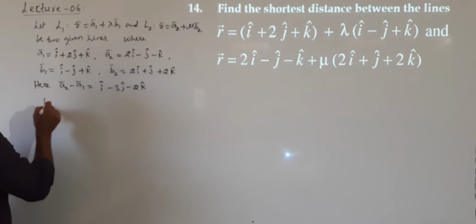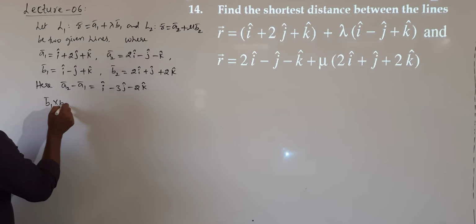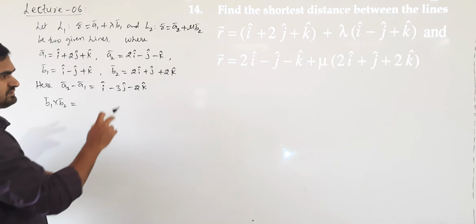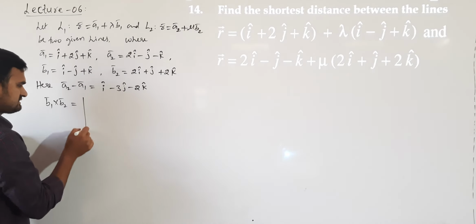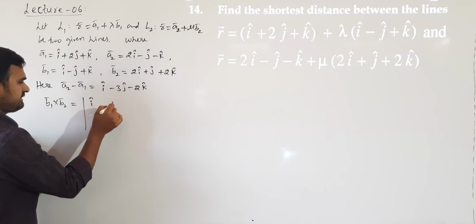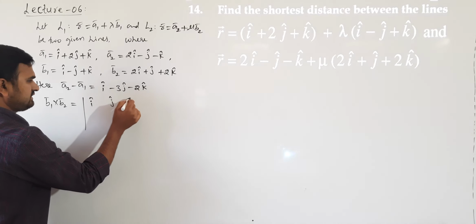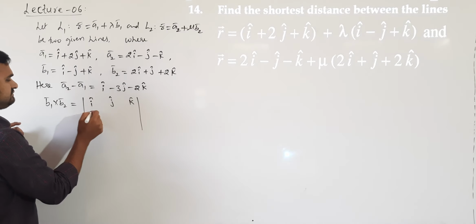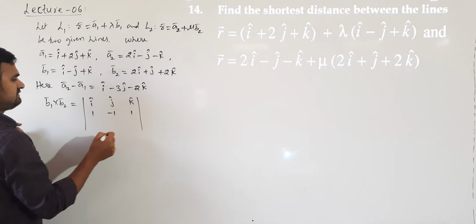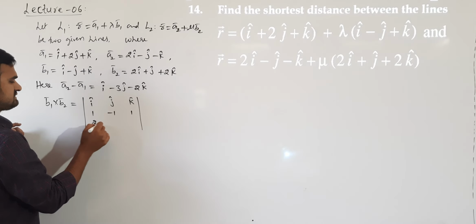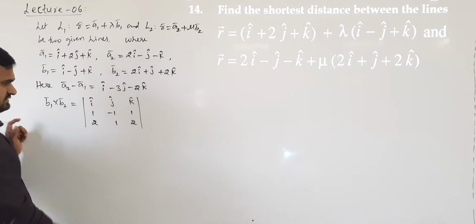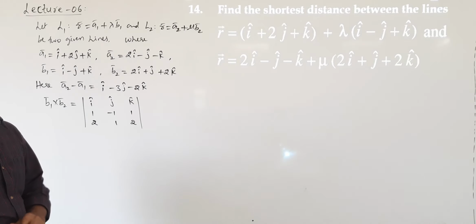And what is b1 bar cross b2 bar? How to take the cross product? By using the determinant of i, j, k, components of the first vector b1, 1, minus 1, 1, and b2 bar components 2, 1, 2. Let us expand this, then we will get the vector b1 cross b2.